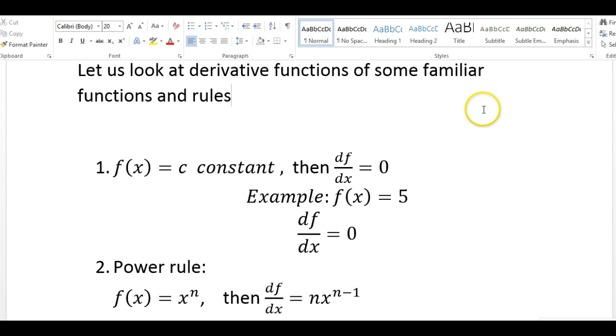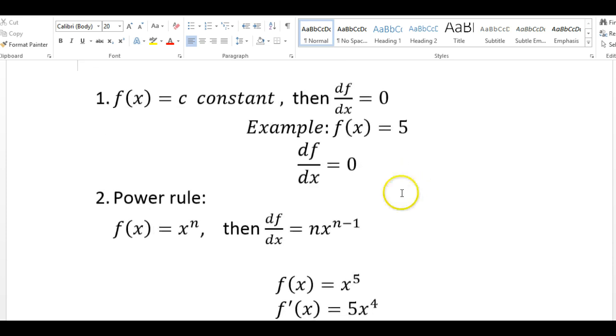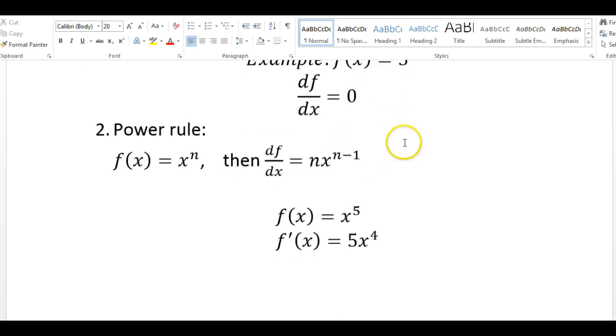The rate is 0 because it's a flat line. So for example, if f of x equals 5, then the derivative of f is equal to 0. Or f of x equals 7, or 8 or 9 or pi or e or anything, as long as it is constant, the derivative is 0.